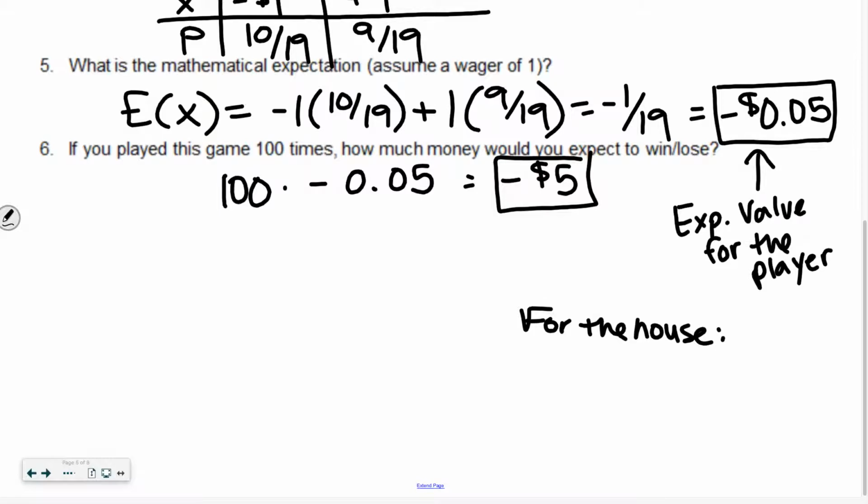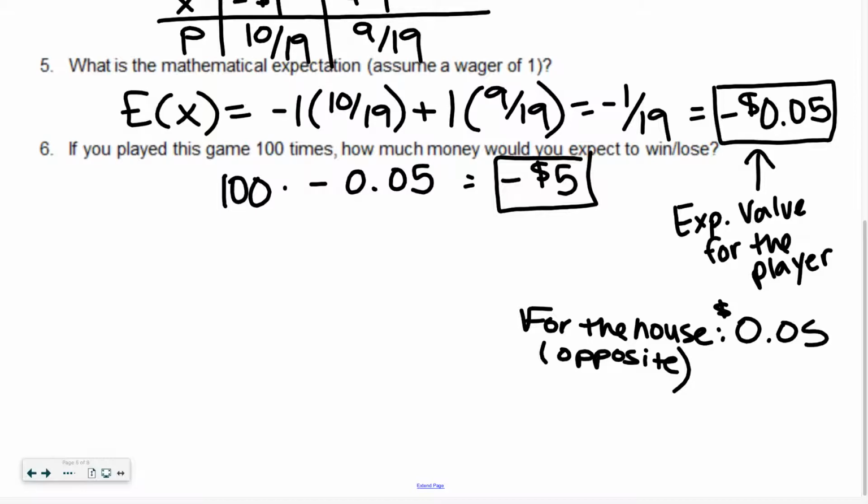The house is whoever is running the game, usually the casino, if we're working with casino games. So if my value as a player is -0.05, what's the value to the house? Positive 0.05. It's just the opposite of the player expectation. So if I play this game 100 times, I'm expected to lose $5. The house would be expecting to win $5.